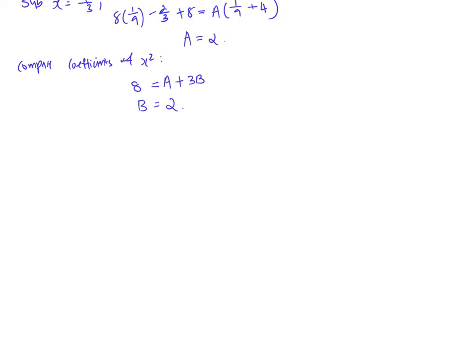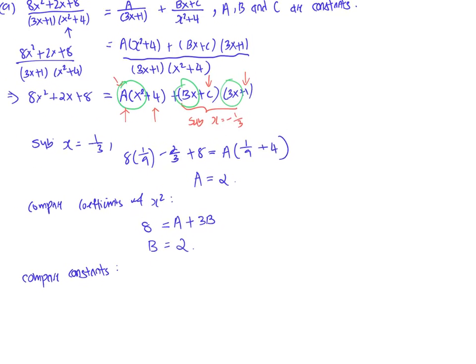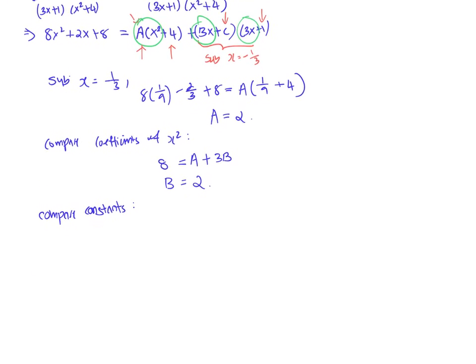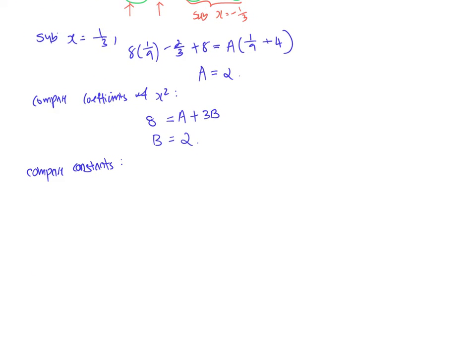If we compare the constants, our original left hand side has a constant of 8. So 8 equals 4A plus C, and since we know that A is 2, our C is 0.